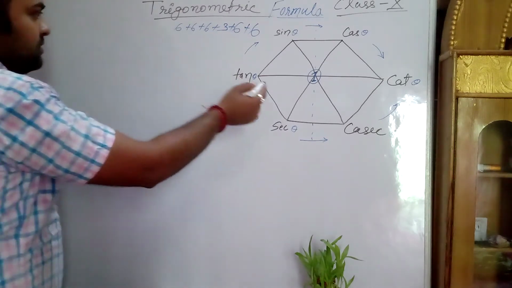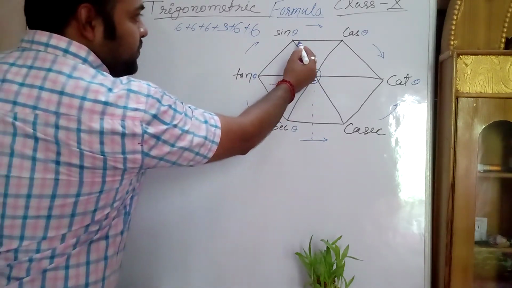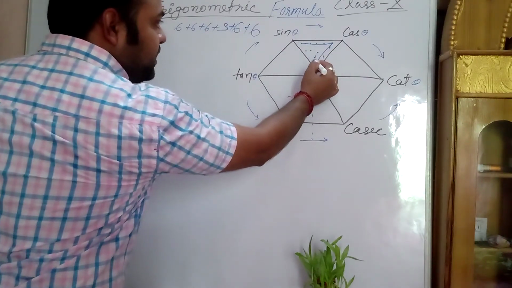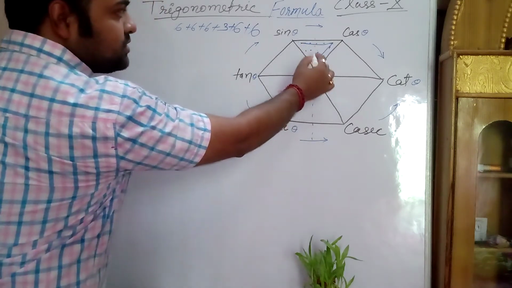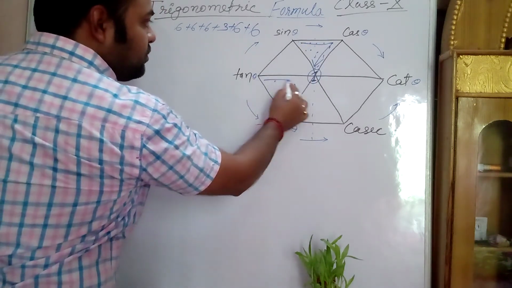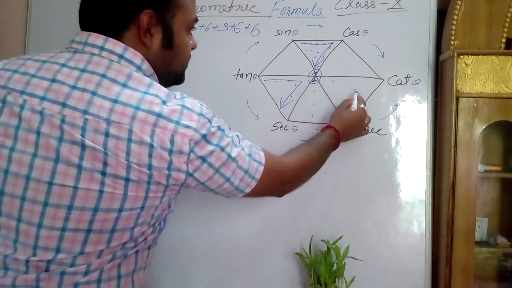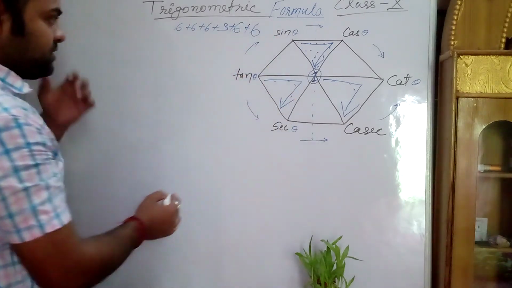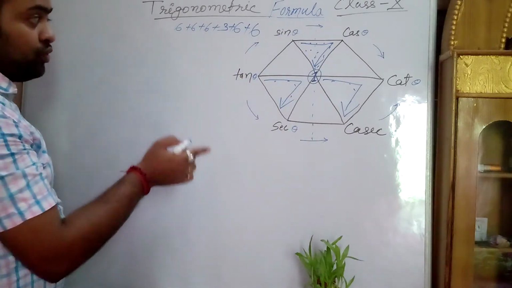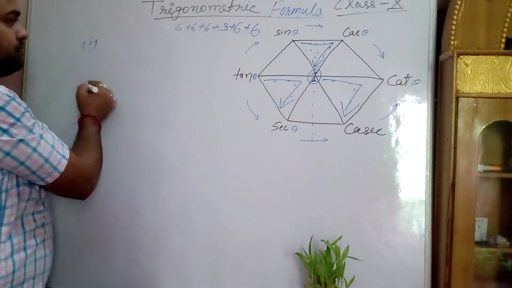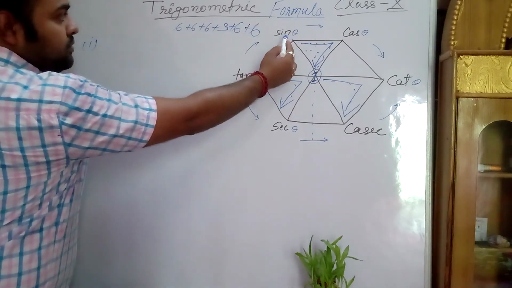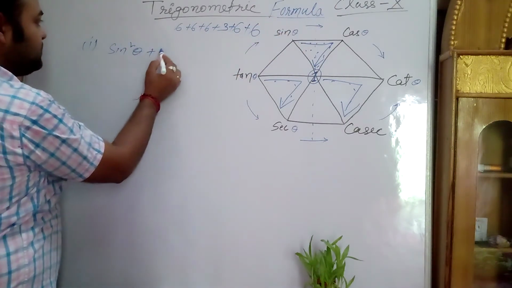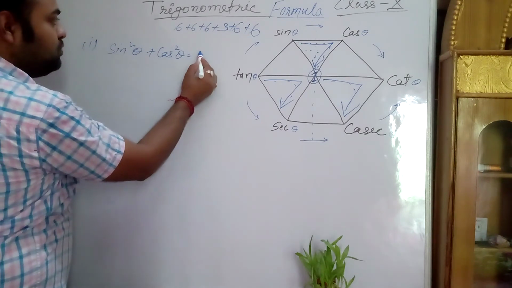Now we take 6 more formulas. By taking these alternate triangles, we make a clockwise rotation in this, and also in this. By this clockwise rotation we take more formulas. First one, sin square theta plus cos square theta is equal to 1.